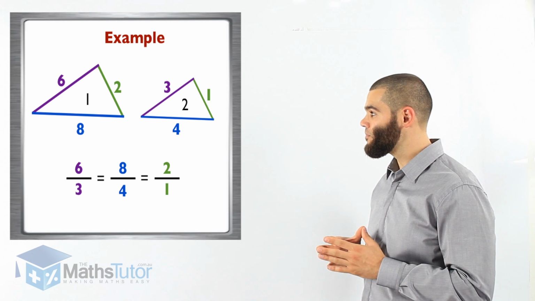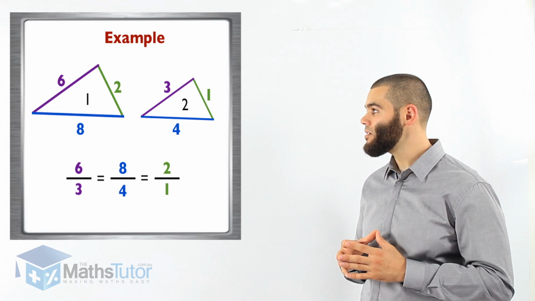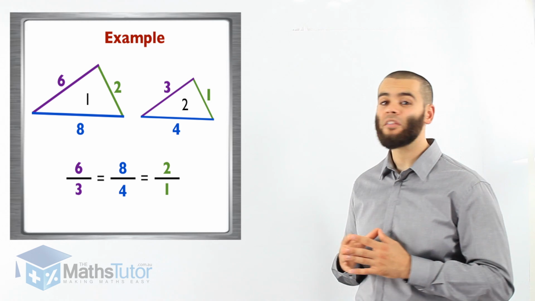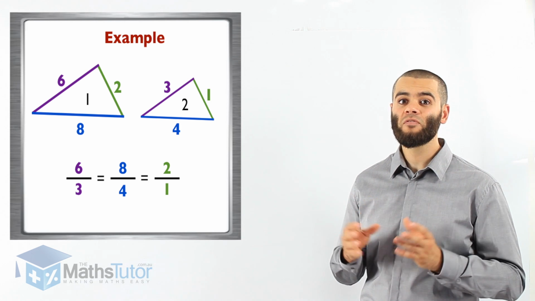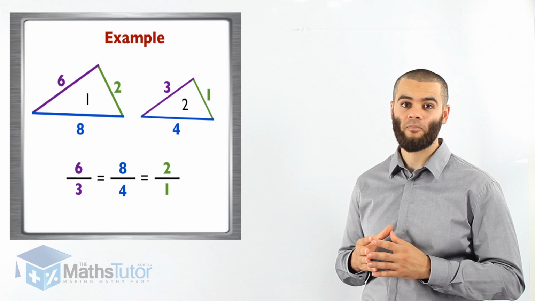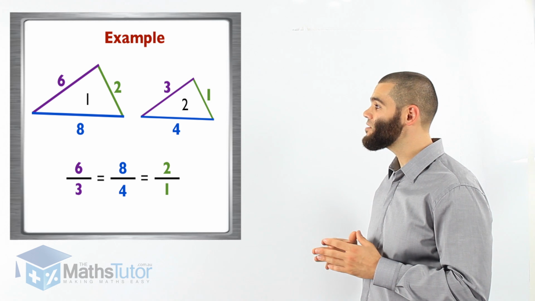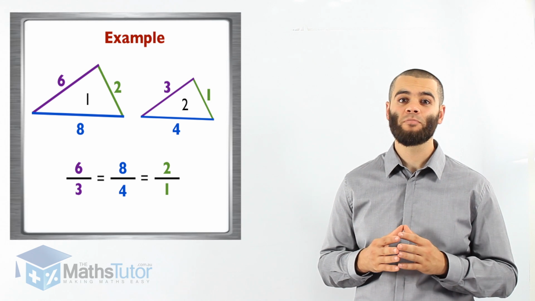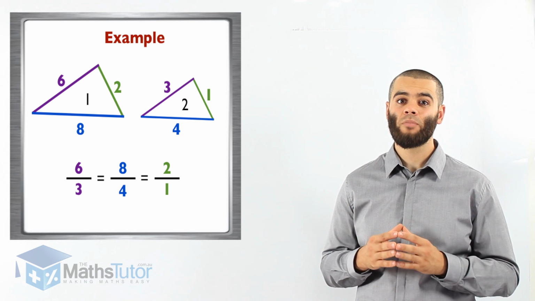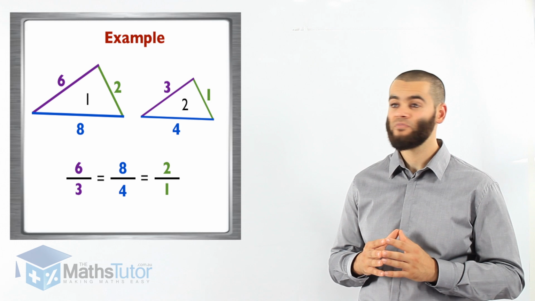We can tell that 6 over 3, 6 is in purple and 3 in purple, they are both corresponding sides. 6 divided by 3 equals 2. And 8 divided by 4, 8 is corresponding to 4, 8 divided by 4 is also 2.